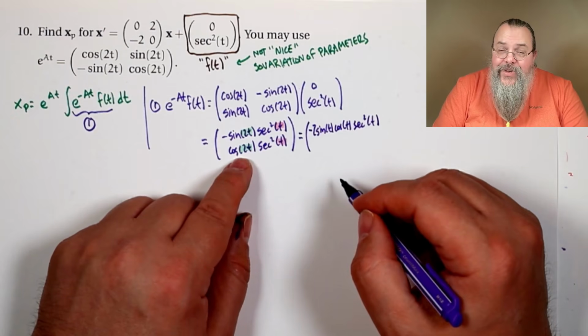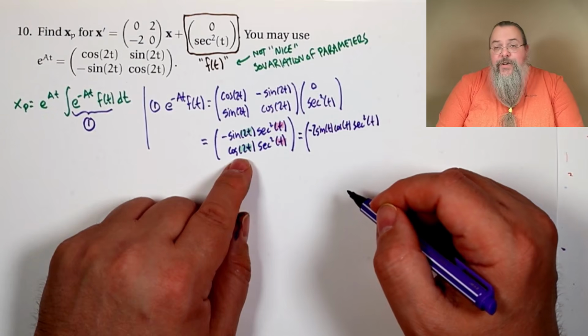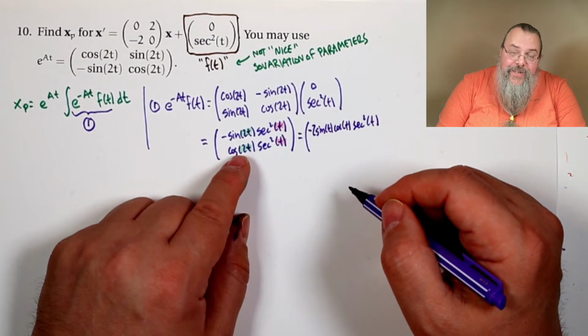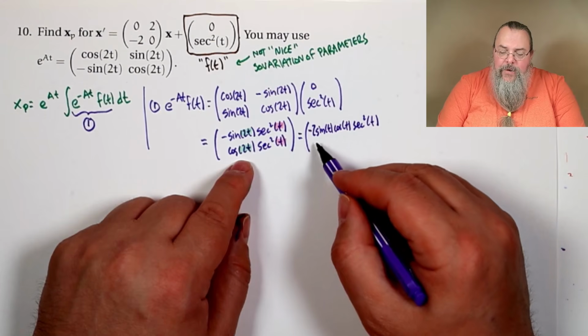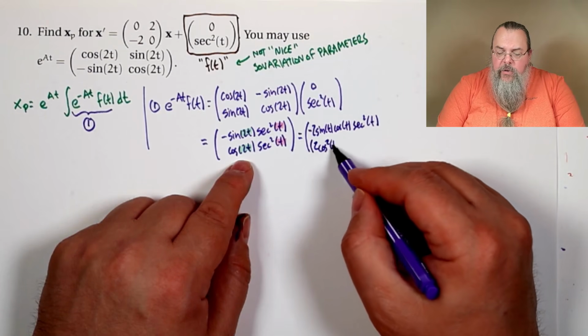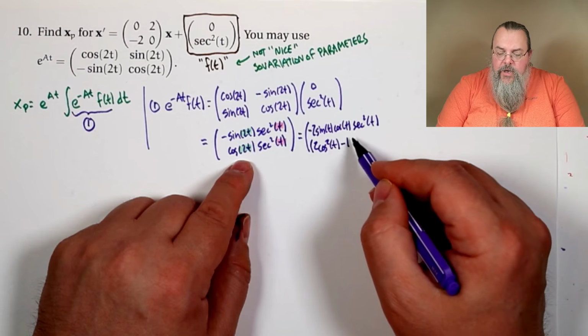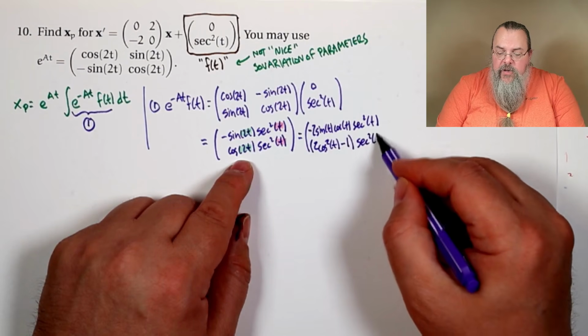Cosine 2t is interesting because there's a lot of different ways to do cosine 2t. Cosine is cosine squared minus sine squared, and then you can do a couple of different variations of that. And one variation that's particularly helpful for us is 2 cosine squared minus 1, times secant squared t.